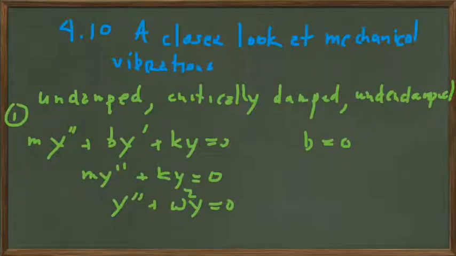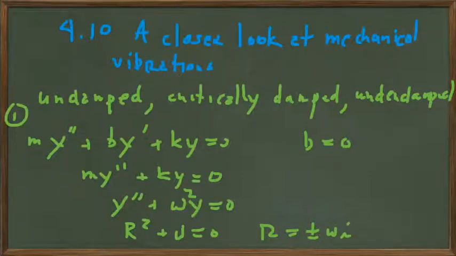So the characteristic equation for that is going to be r squared plus omega squared equals 0, or r equals plus or minus omega i, and we get the solution y equals c1 cosine omega t plus c2 sine omega t.